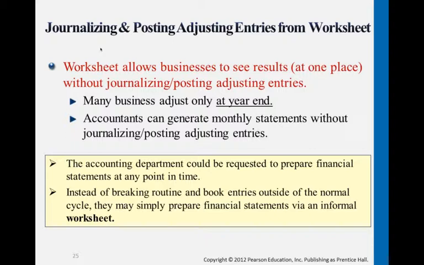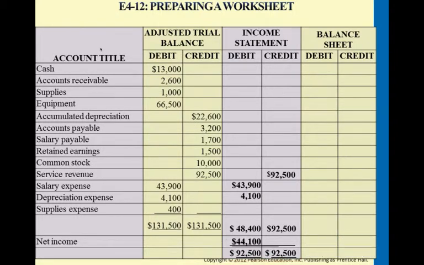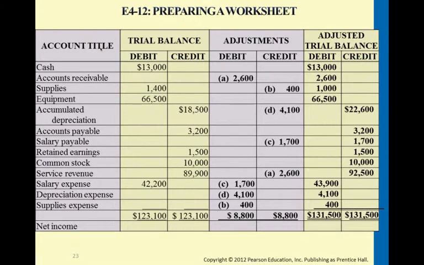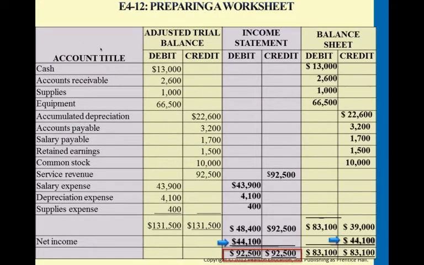Sometimes accountants just use the worksheet to maintain monthly adjustments, and then they do all the adjusting entries before December 31st, before year end. So this happens for some of the companies. Accountants may just use this adjustment column to keep track of the adjustments every single month, but they don't officially do the journal entries until year end.